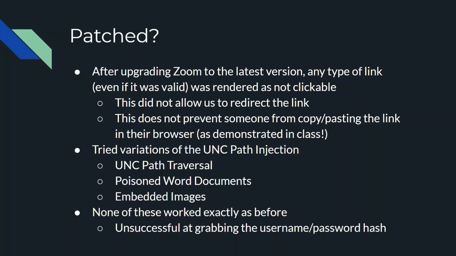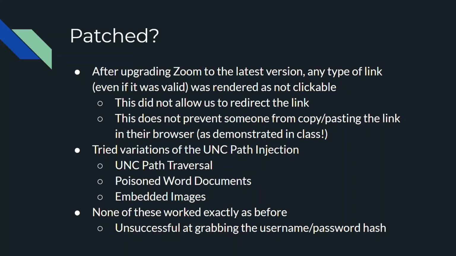So after we did the upgrade, this experiment no longer worked, and we tried variations on the UNC path injections to try and break the patch, including a UNC path traversal, which you basically just hide the UNC path in a regular link, and poisoned Word documents.